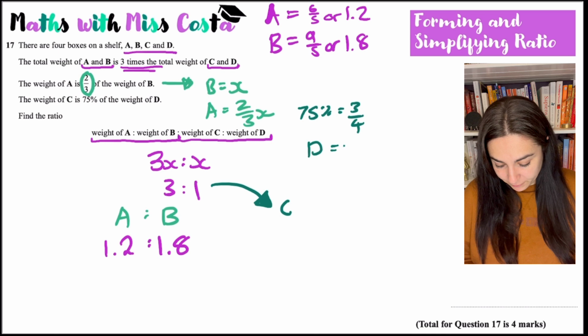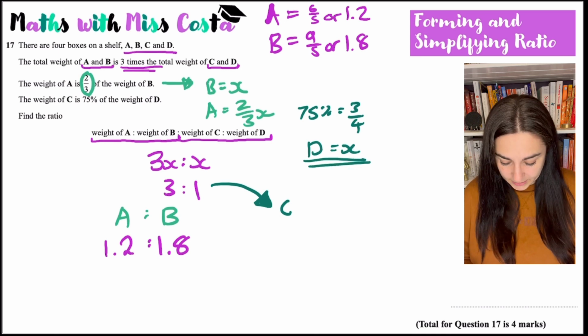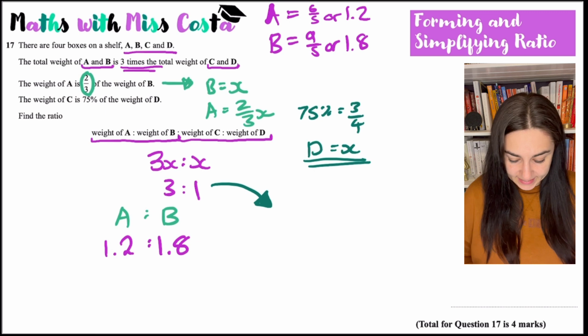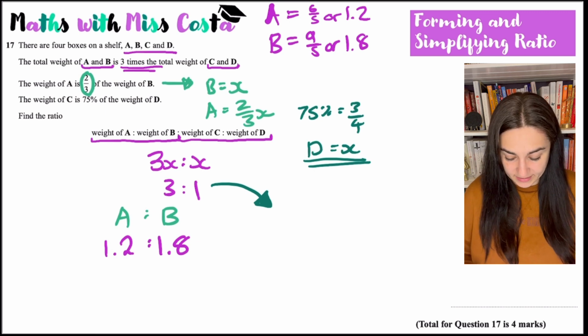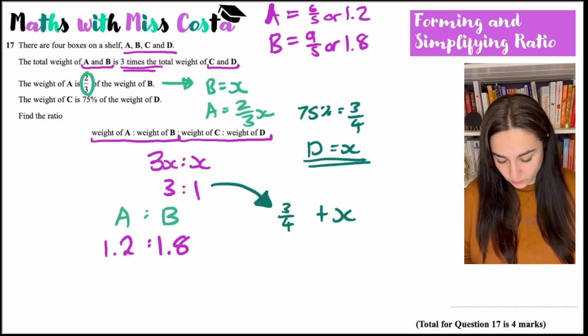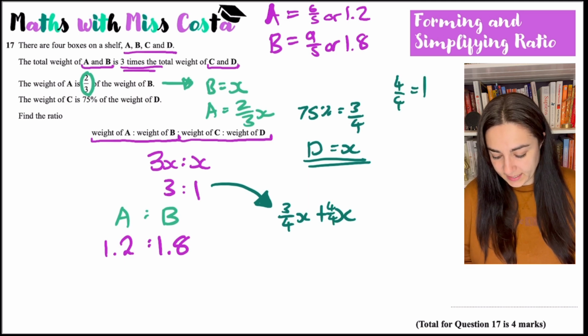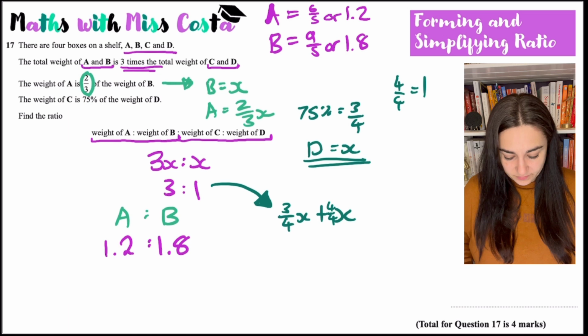So if I give my value of D an algebraic form, I'm just going to call it X because that's the value that I'm working with that I know as a whole. So if D is X, then C would be 3/4 X. And once again, I could write D as 4/4 X because 4/4 is a whole. So it's the same thing, but just so you see what's going on.